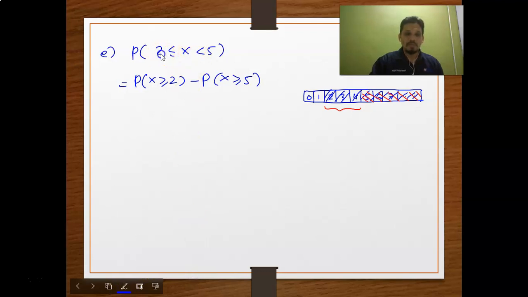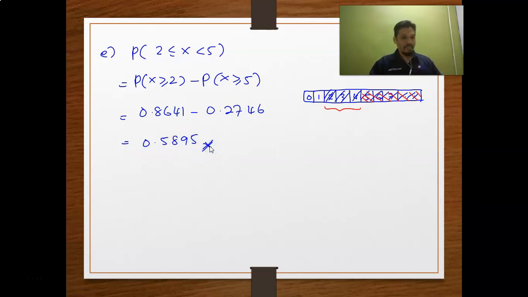This one is from 2 but less than 5, which means 2, 3, and 4. You can get it from the tables: 0.8641 minus 0.2746 equals 0.5895.